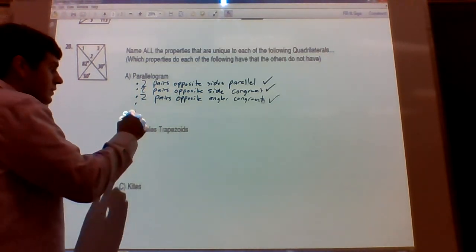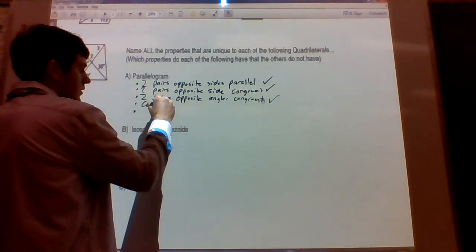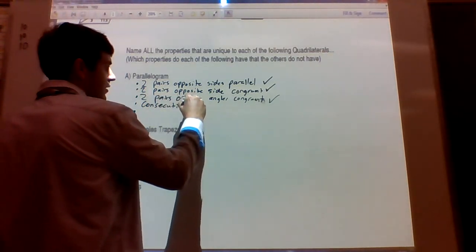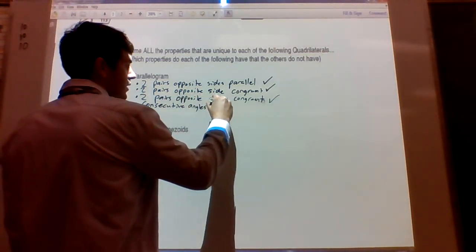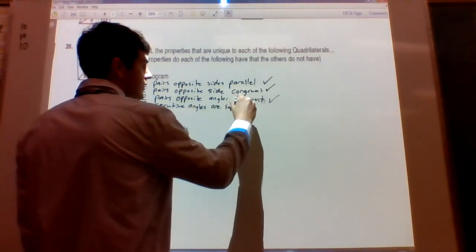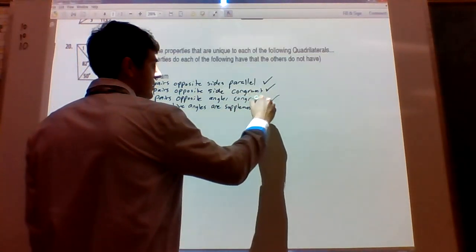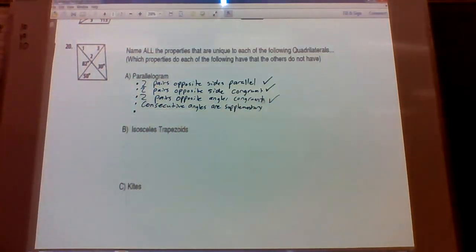Then we have consecutive angles are supplementary. So in an isosceles trapezoid, we know that we have the consecutive angles between the bases are supplementary.